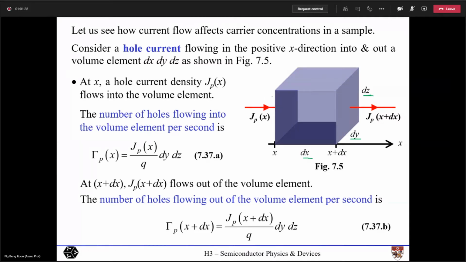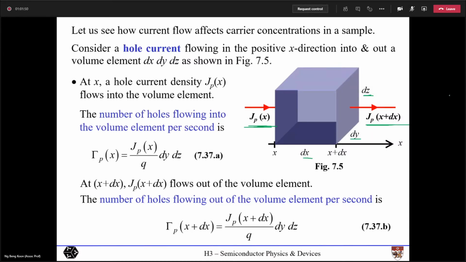Suppose the current that's flowing is just in the x-axis direction. On the left-hand side of the element, this box, the current flowing in is Jp of x. Let's say the current coming out on the other end, at x plus dx, is Jp of x plus dx.